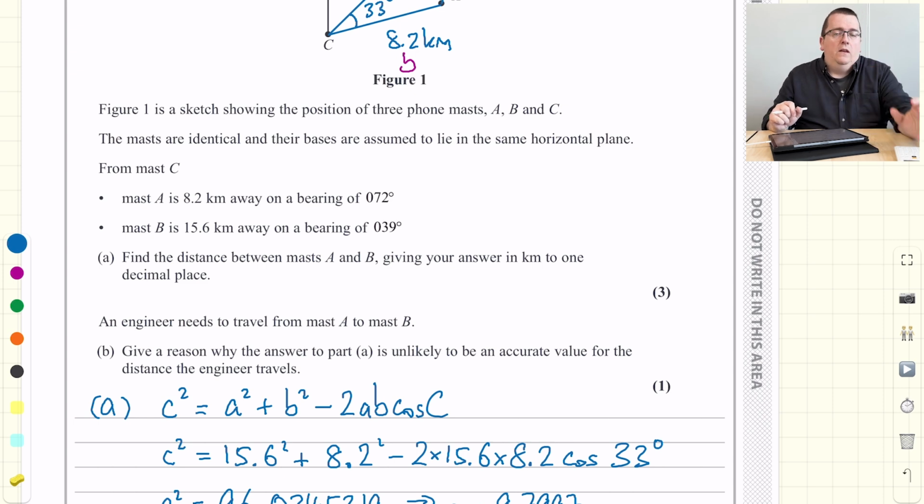It's unlikely that there will be a straight line route from A to B, because it's likely he'll have to drive, and so there won't be a perfectly straight road from point A to point B.